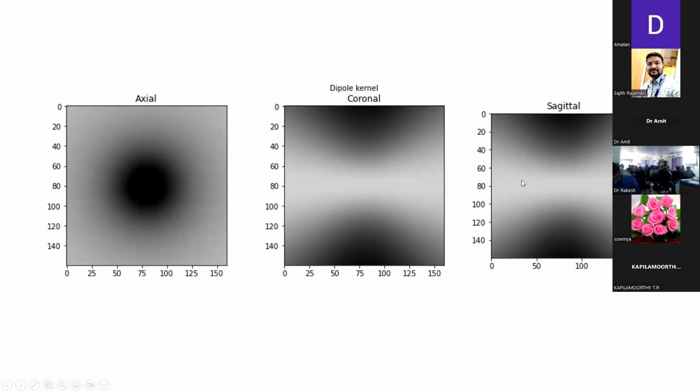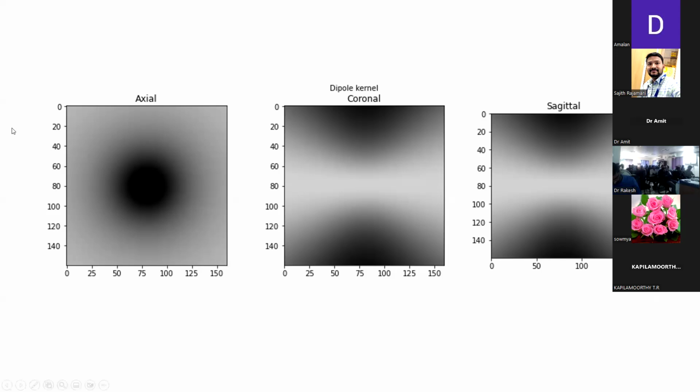This is the graphical representation of the dipole kernel in all three planes, axial, coronal, and sagittal. So now we have a dipole kernel. If we deconvolve each pixel of our tissue field map with this particular dipole kernel, we can eliminate the dipole effect.